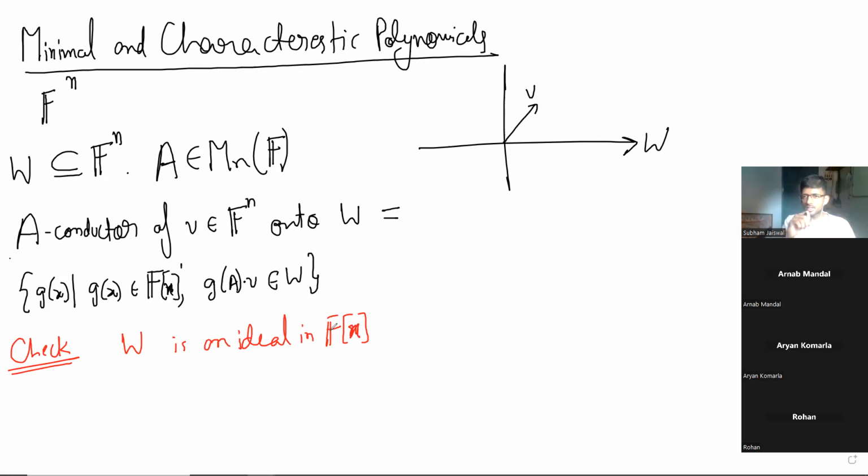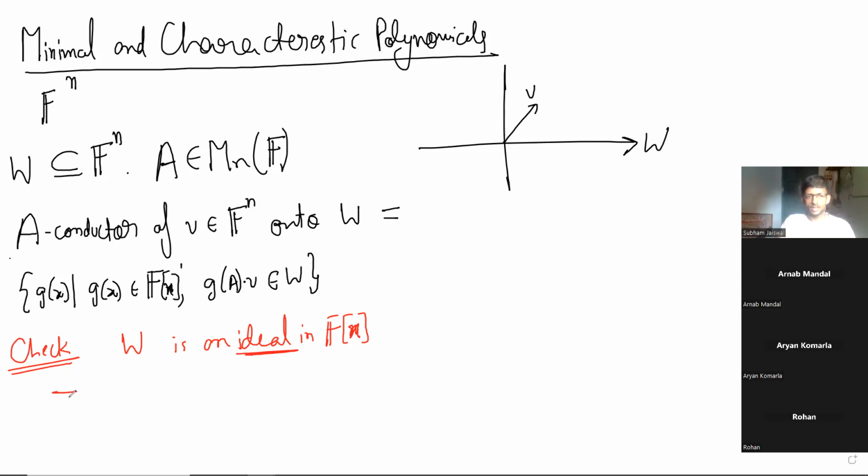If g(x) is in this and h is anything, then h(x) times g(x) is also in this. It's like a zero. It sucks in everything, right? And when you add two zeros, it's like zero. These are like zeros. Check that W is an ideal. Check this.